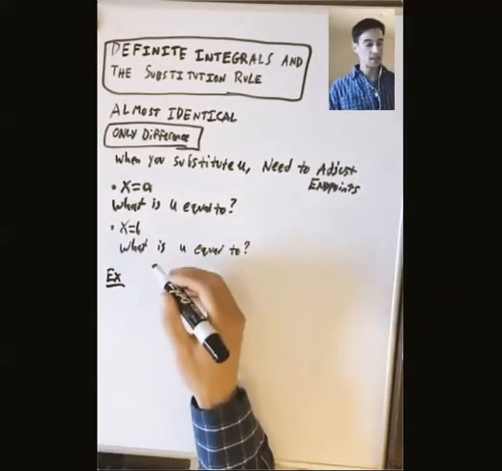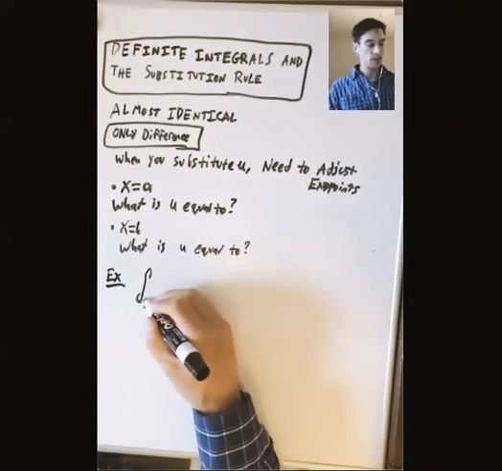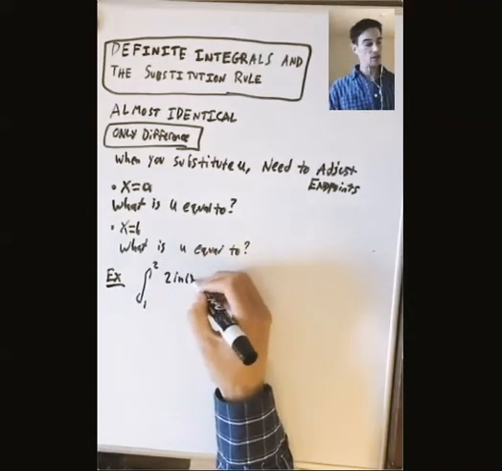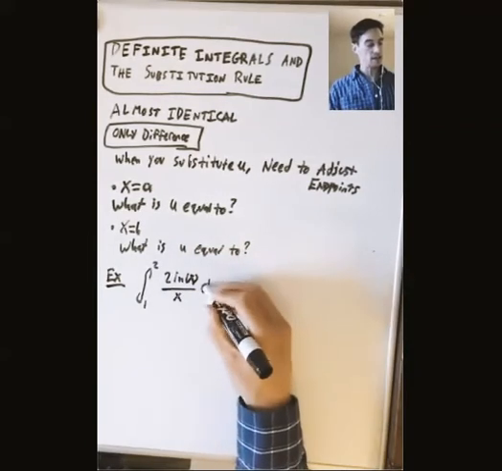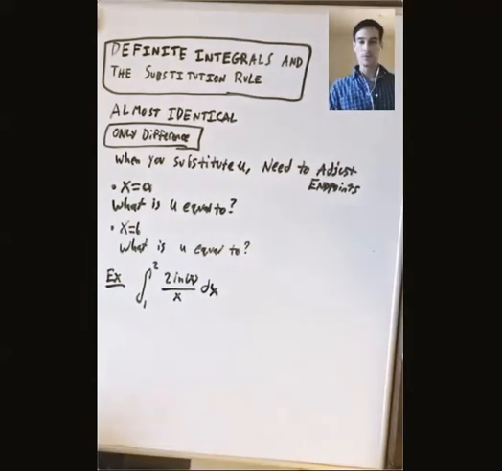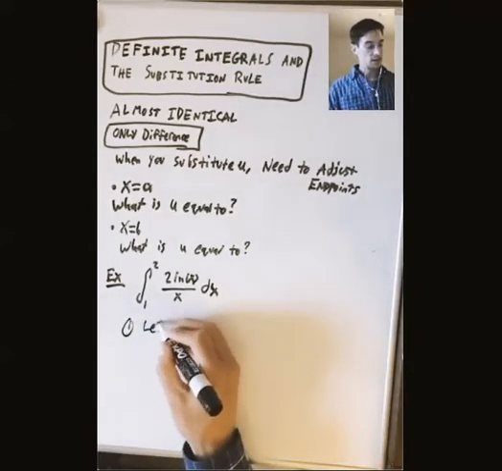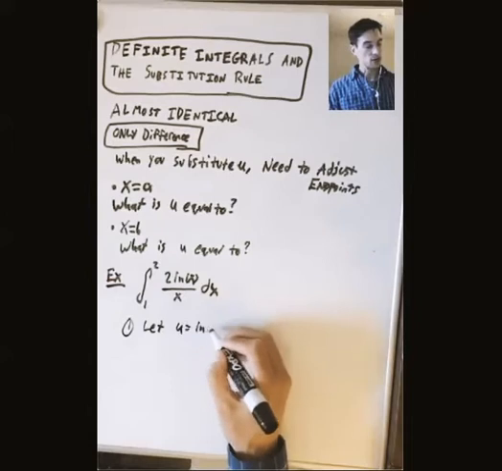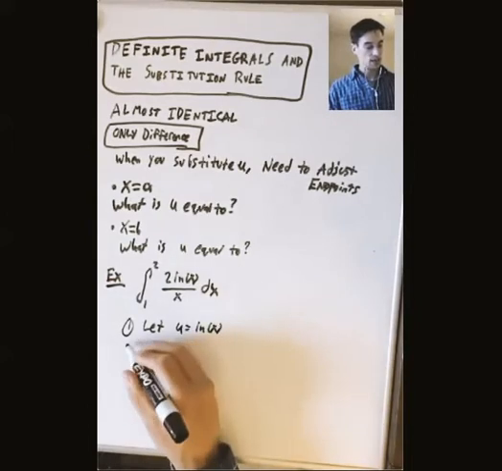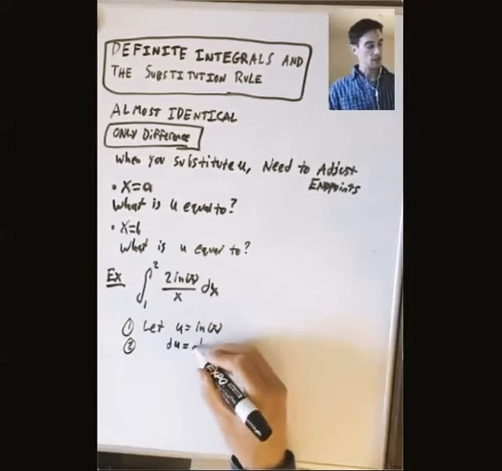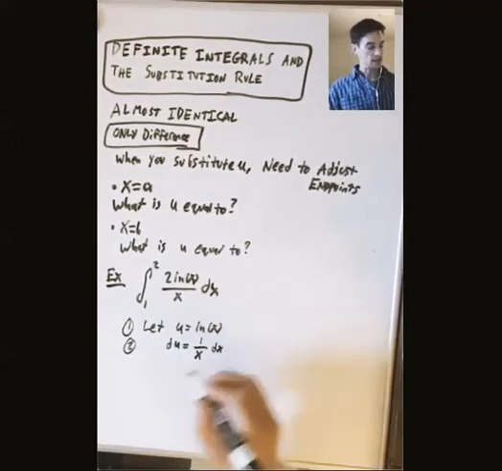So let's go back to this first example that we discussed, where the function we're integrating is 2 natural log of x over x dx. What did we do in the first video? Well, we let u equal natural log of x. And then we saw that with this u, du is 1 over x dx.